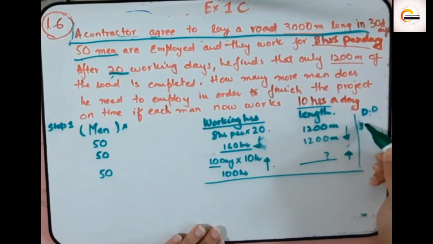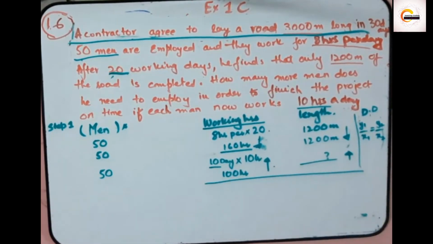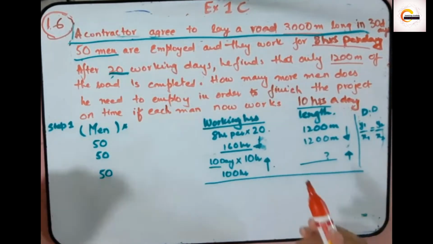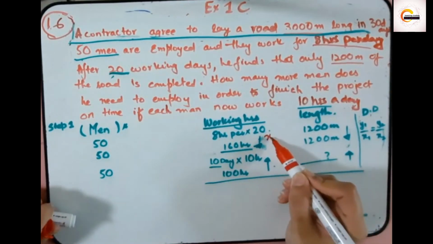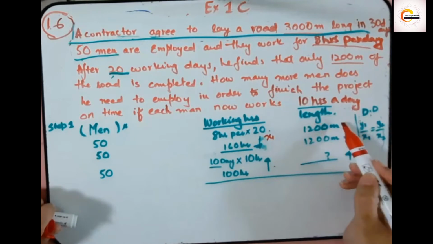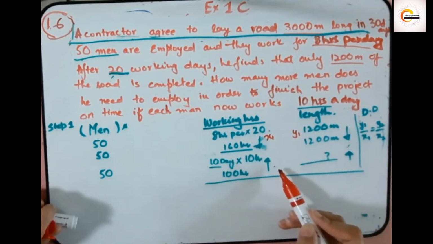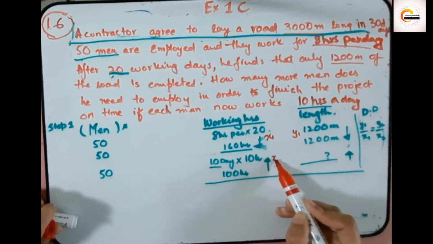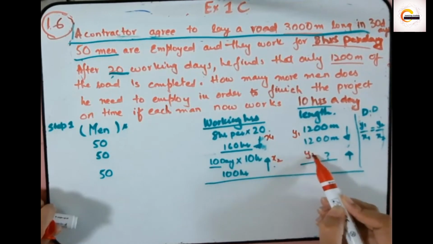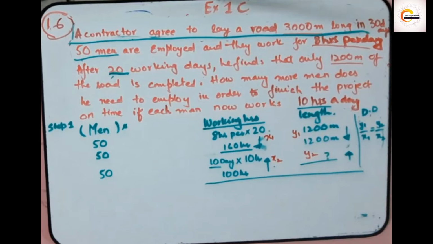We need to apply this formula: y1 upon x1 is equal to y2 upon x2, right? So this is going to be our x1, this is going to be our y1, and this is going to be x2, and y2 is the value that we have to find out.